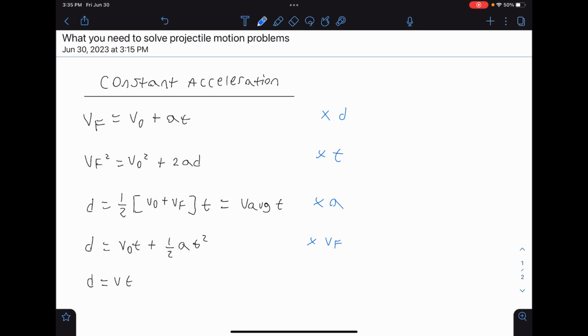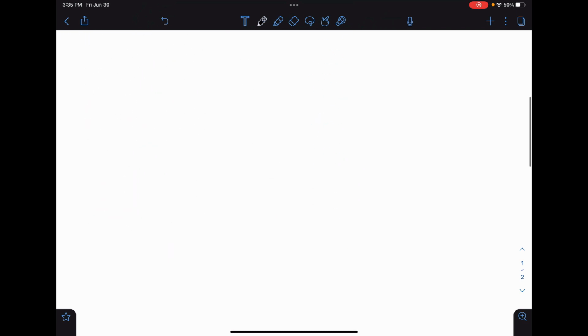Okay, and the next thing I want to talk about is the difference between speed and velocity, and the difference between displacement and distance. So let's get a new page here. Before we go into that, we have to remember what the difference between a scalar and a vector quantity is, right? So I'm going to do scalar on this side and a vector on this side.